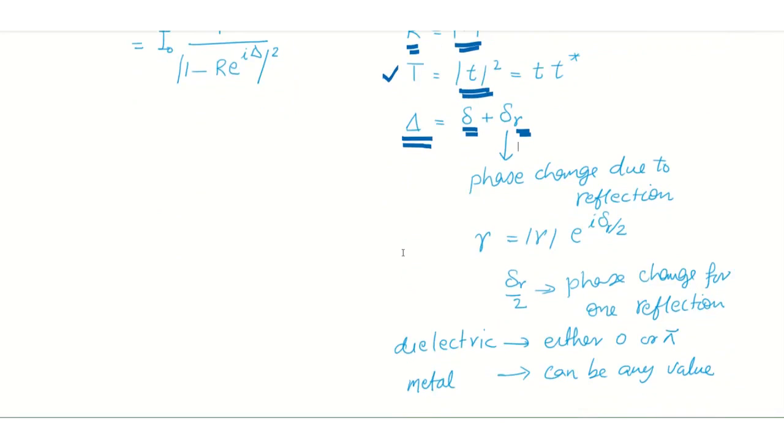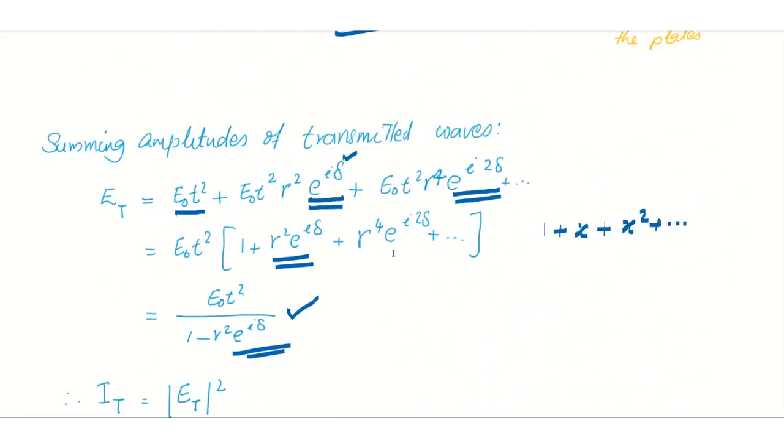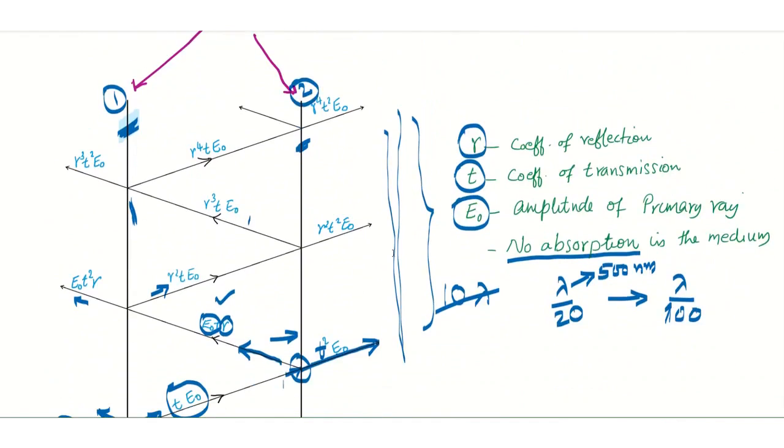If you try to see what the magnitude of that delta R is going to be, for a dielectric it's either 0 or pi, depending on the situation, and for metal coatings on the surface it can be anything. One thing which I haven't mentioned when I explained this is that these are partial mirrors.